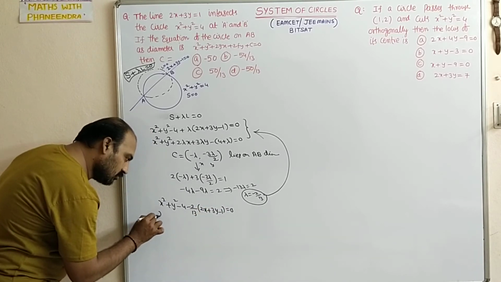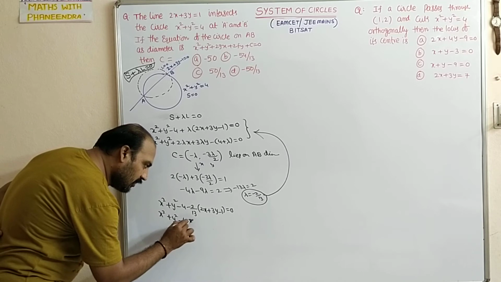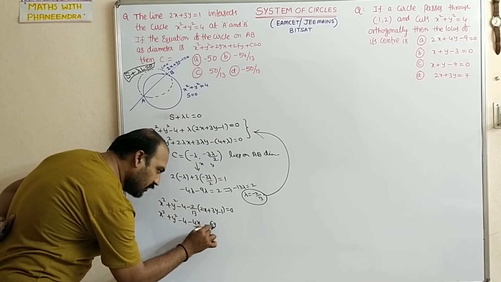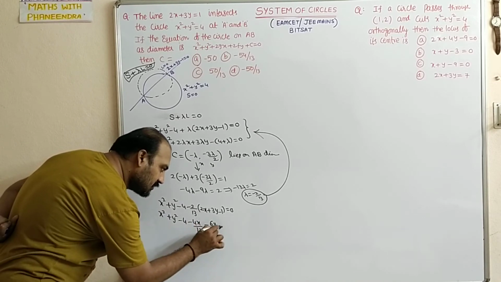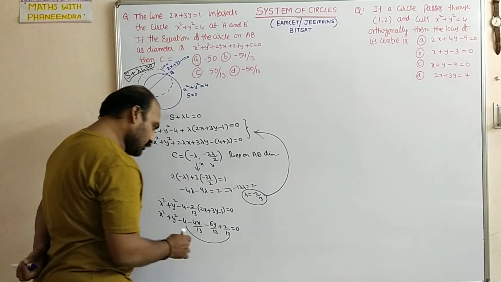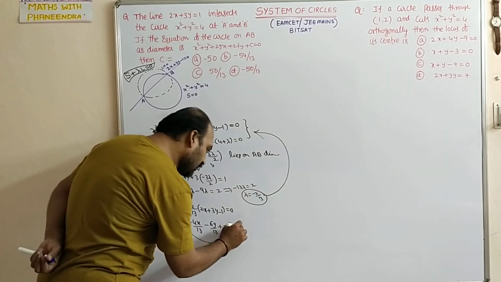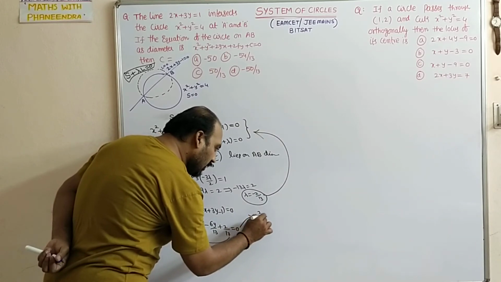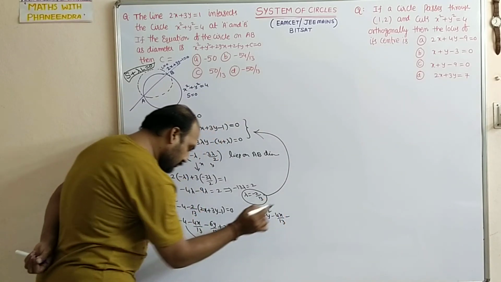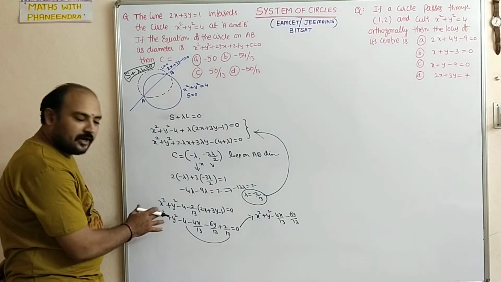So x² + y² - 4 - 4x/13 - 6y/13 + 2/13 = 0. For the constant, only these two terms remain: 13 × 4 is 52, so -52 + 2 is -50. So this equation becomes x² + y² - 4x/13 - 6y/13 and the constant. In an integrated paper, take the LCM and write it, that's all.